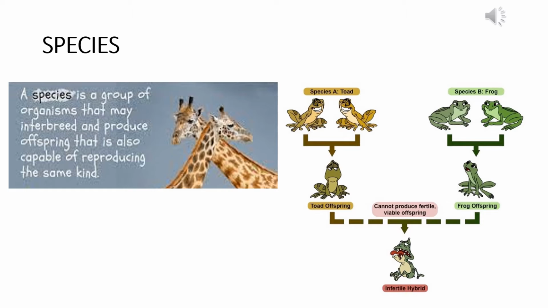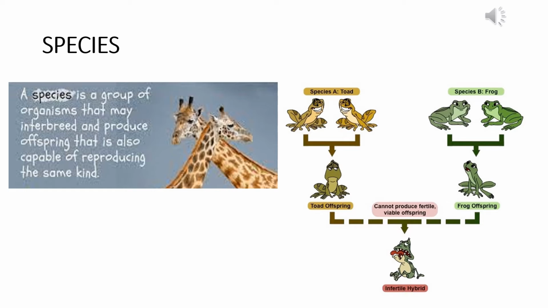In the picture we can see that the two brown colored toads are interbreeding or mating between them, and the same type of offspring is produced. And in case of the two green colored toads, they are interbreeding between themselves and a green colored toad is produced.